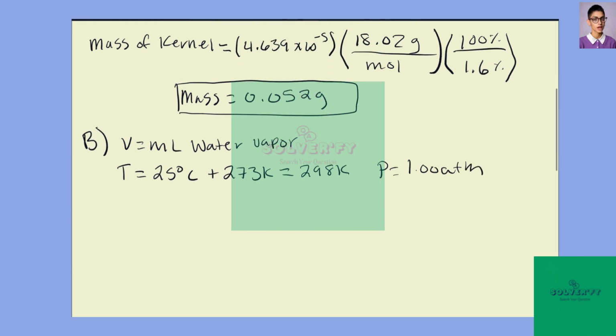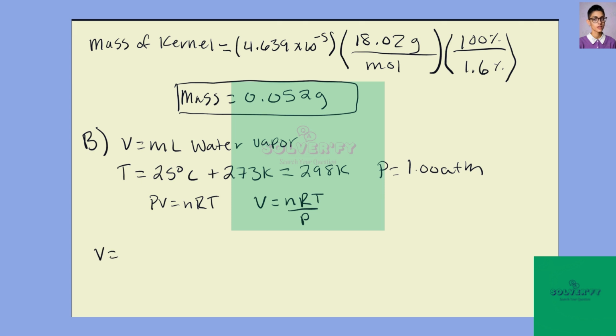Alright, so to find the volume of water, we already have our moles of water, so we can just use that. So PV is equal to nRT. We're solving for volume, so nRT over our pressure.